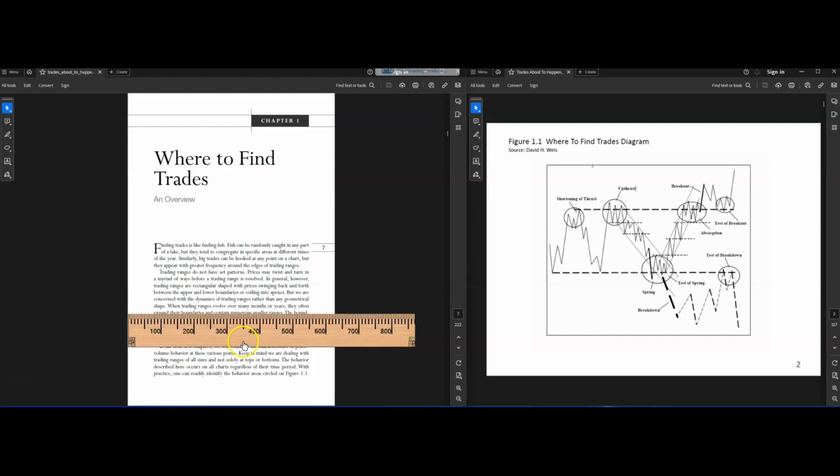When the trading ranges evolve over months or years, they often expand their boundaries and contain smaller ranges. So ranges have ranges within them. What does he mean by that? With this dashed line here and this dashed line there, you have a resistance and support. But when we look inside of it, we see these dashed lines and this dashed line and this dashed line and this dashed line and this dashed line.